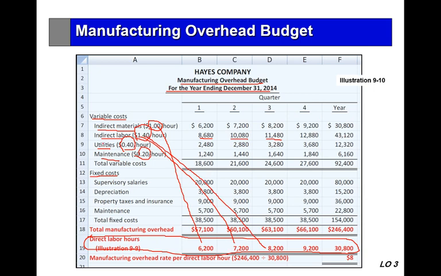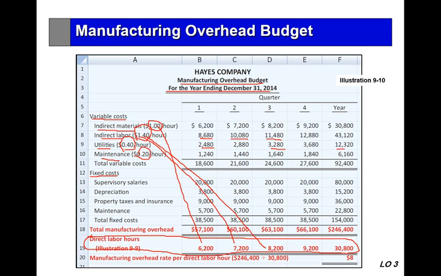For indirect labor. For utilities, we multiply 40 cents by 6,200 hours. We have $2,480. And 40 cents multiplied by 7,200 hours, we have $2,880, and so on. For 40 cents multiplied by 8,200 hours, we have $3,280.